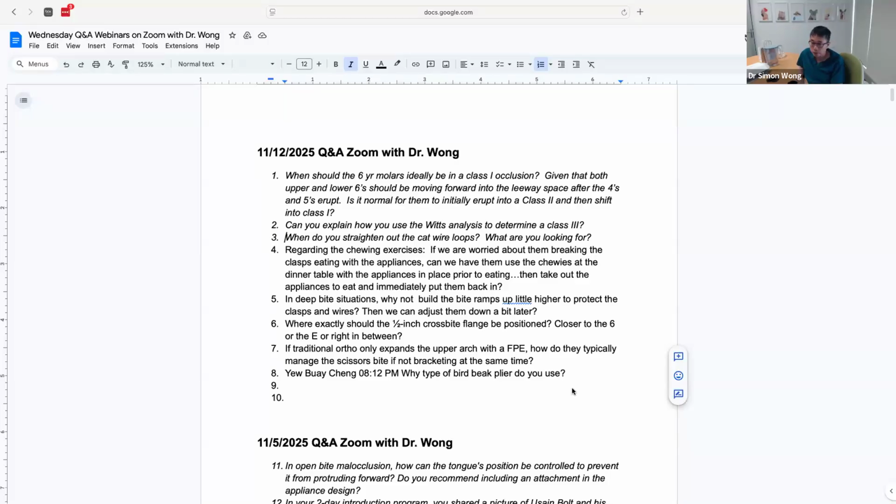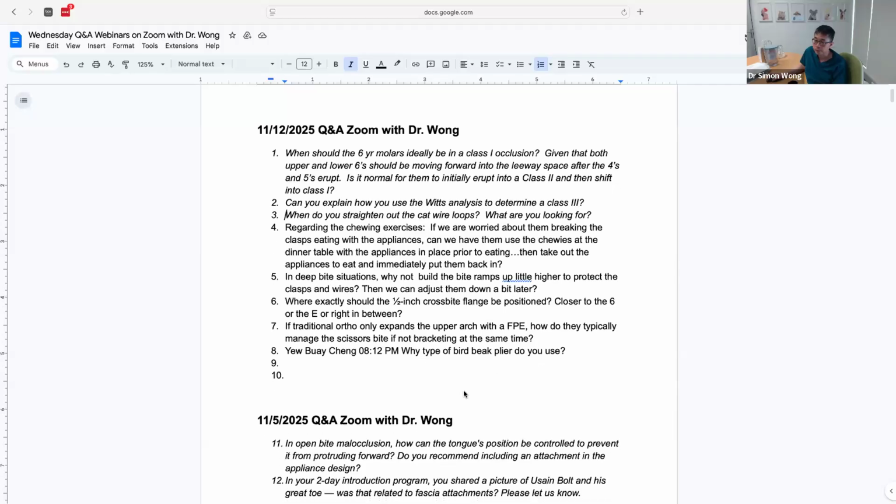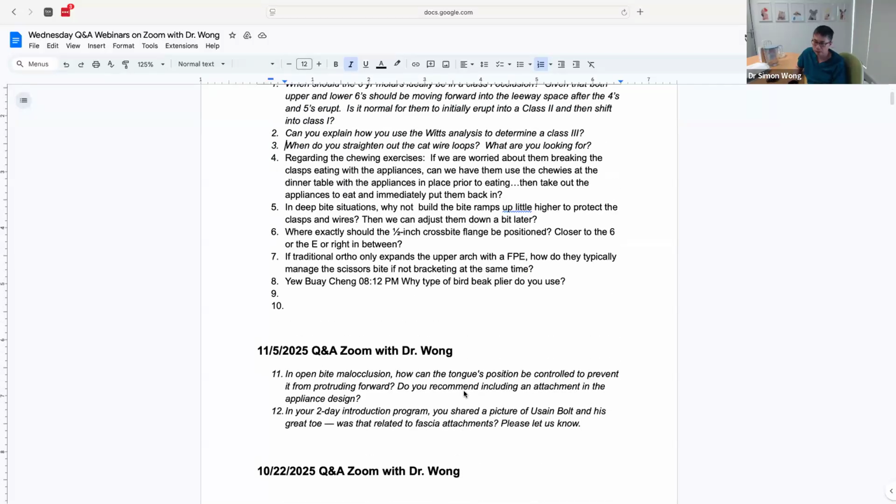I prefer the shorter ones, but the fine ones I can open the cat wire loops with, but you need something that is of reasonable quality if you're using a fine bird beak, because they need to be very rigid or they flex. But yes, traditionally there are short and long, and you can use either, you can use both.